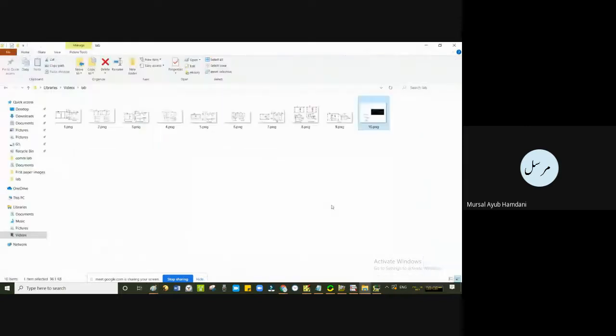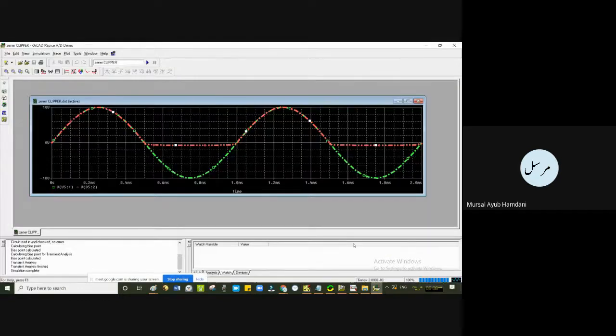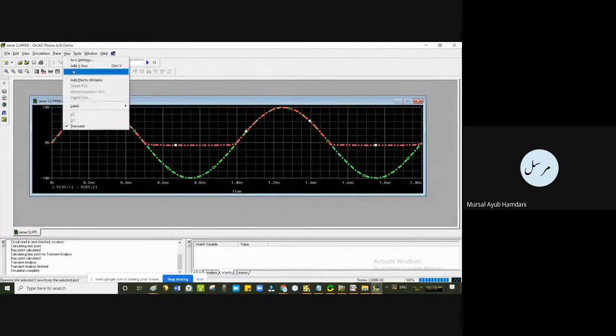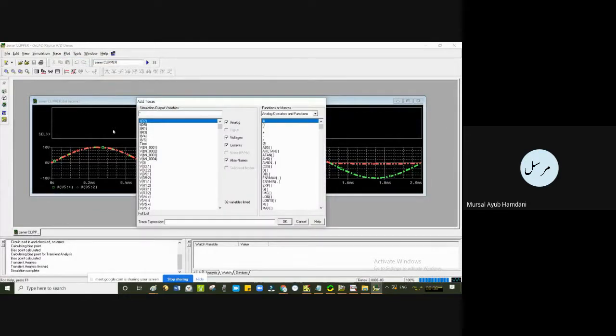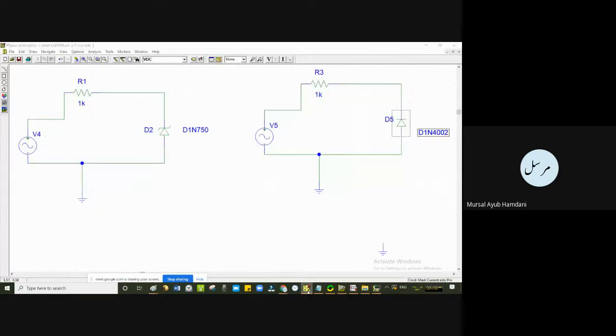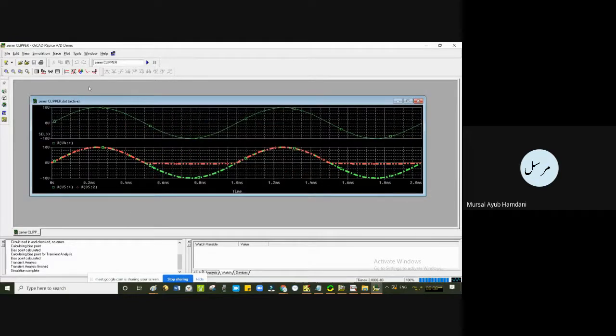While as for V4 and D2, let us add another plot to the window. Click here, trace V2, V4 and D2.